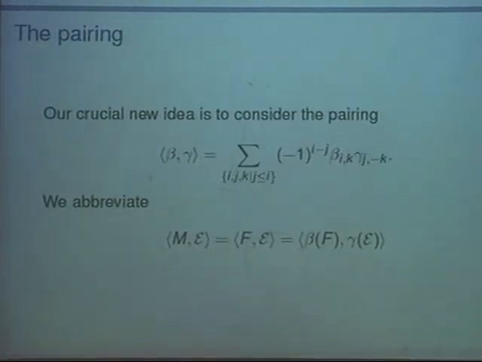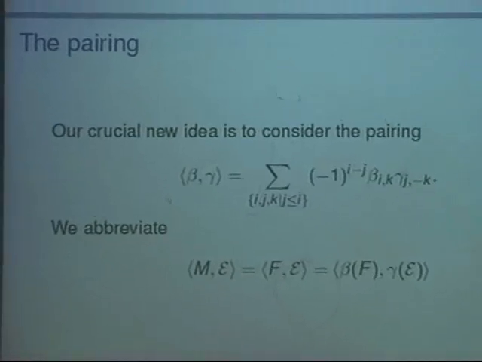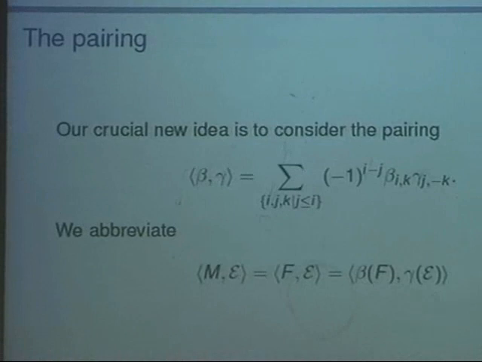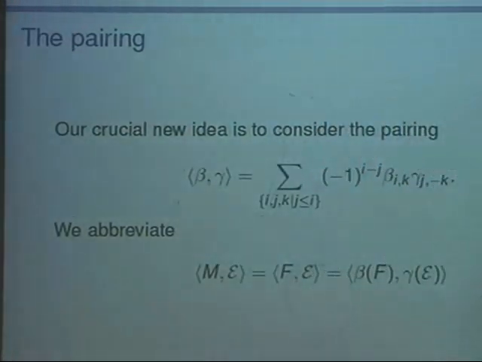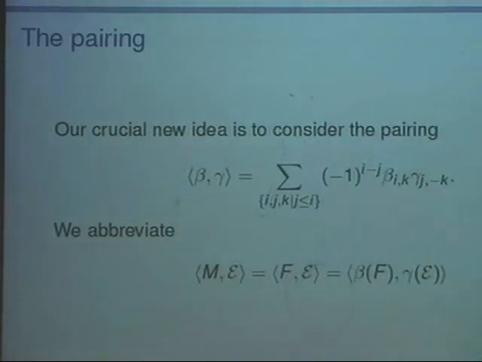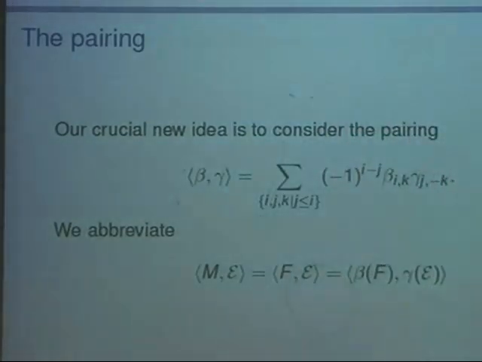That makes sense. That makes these terms happen in some degree, I guess. And then, of course, we can abbreviate these things. If we have a module and a vector bundle or sheaf, then instead of M we can put F, or the Betti table of F and gamma v.